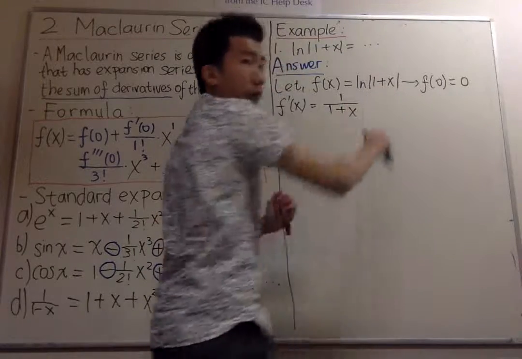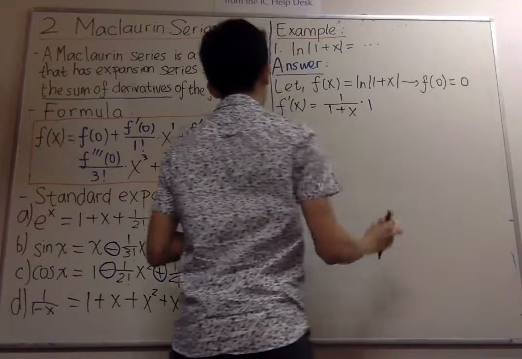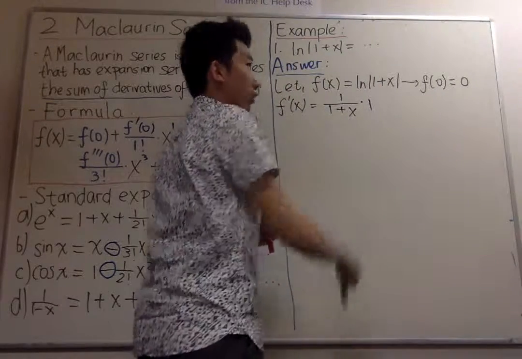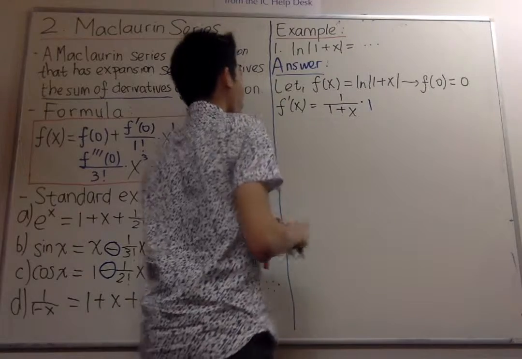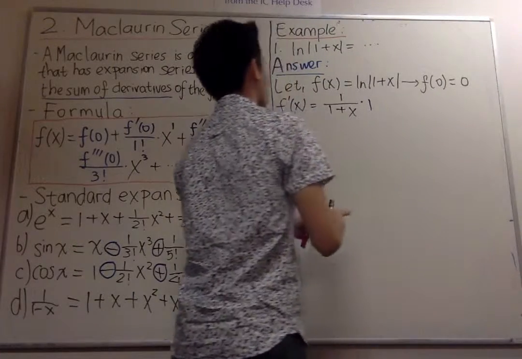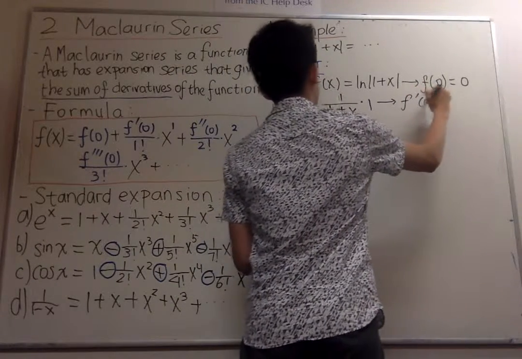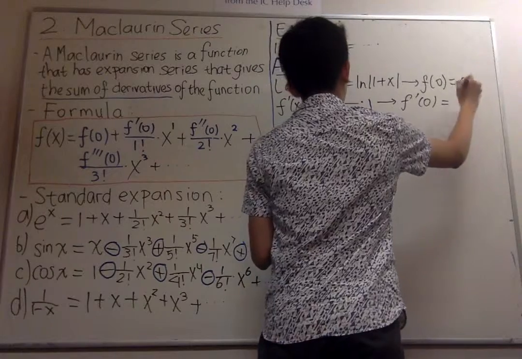The derivative of 1 plus x is 1, so we just multiply by 1, which gives 1 over 1 plus x. And now we plug in x equal to 0: f prime of 0 is equal to 1.